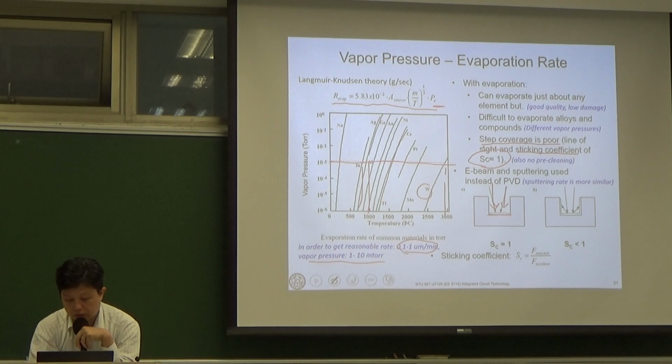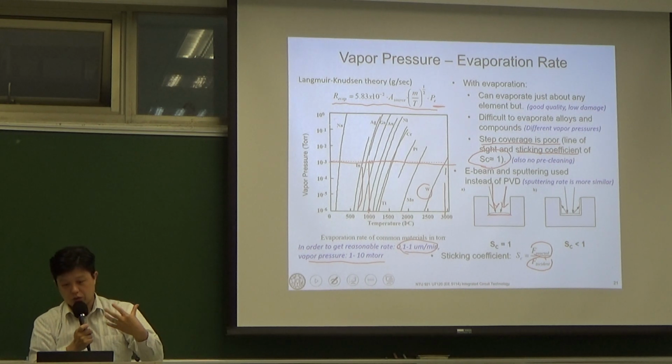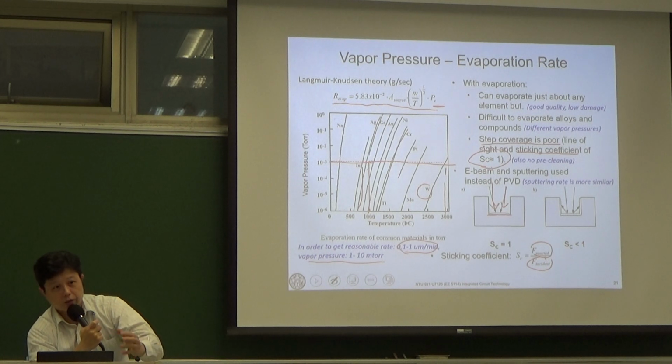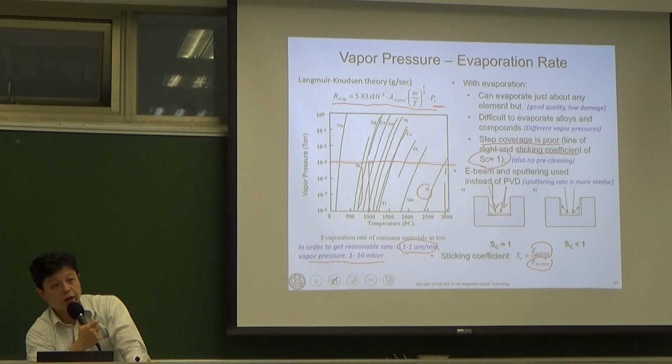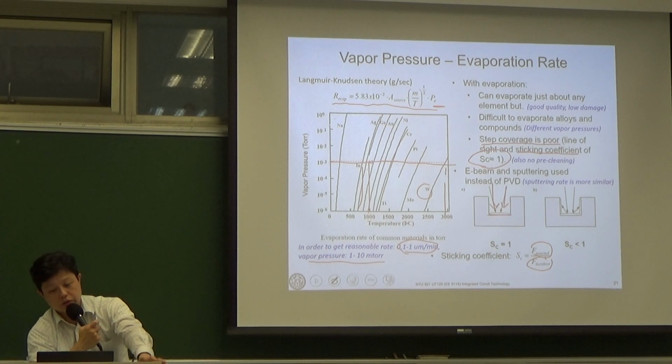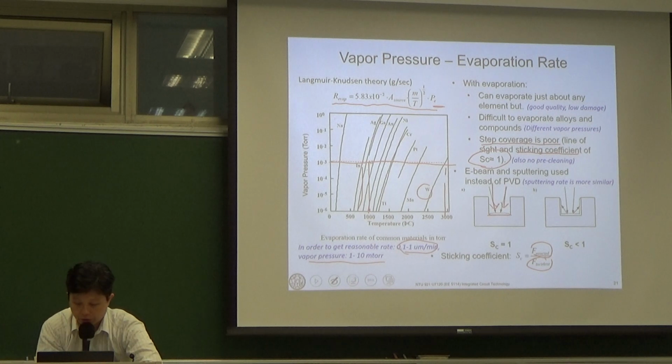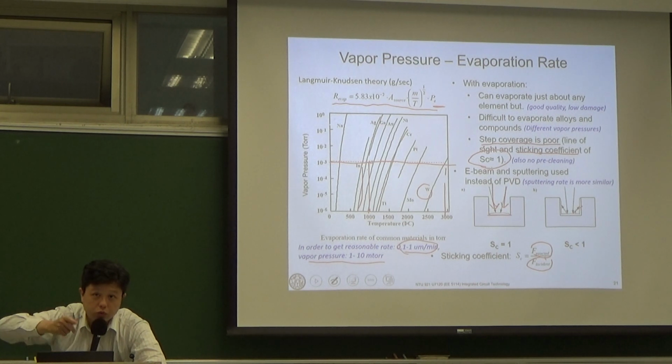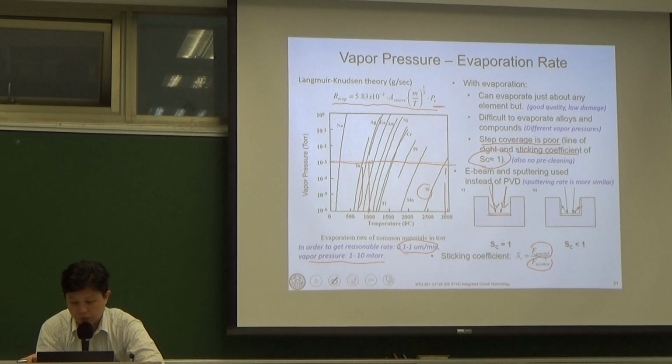That's the flux of reactant divided by the flux of incident. So say you have 100 gold atoms incoming, and they all stick on your wafer, then we call it a sticking coefficient equal to 1. But if 100 atoms come in and maybe 3% or 5% of them continue to move to other positions, then we say the sticking coefficient is less than 1.